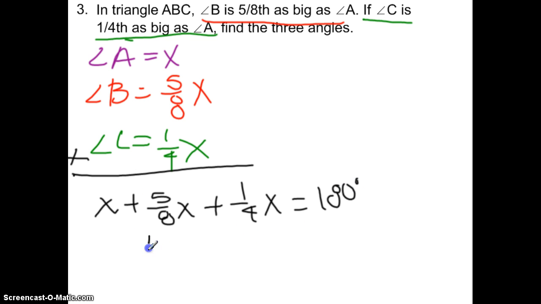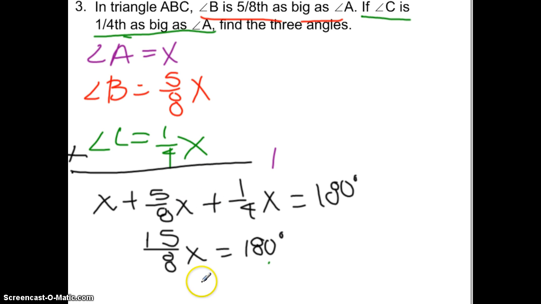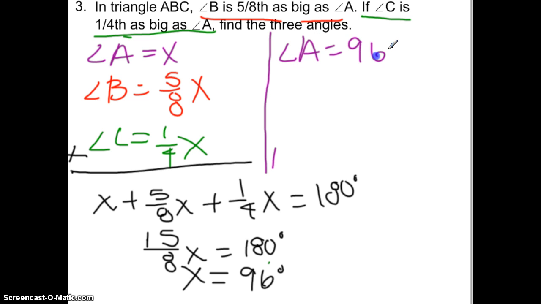When you simplify, you should get 15/8 x equals 180. Multiply by its reciprocal, and you should get x equals 96 degrees. Now we have to go back through and plug x into everything. When we plug x in for angle A, angle A equals 96 degrees.